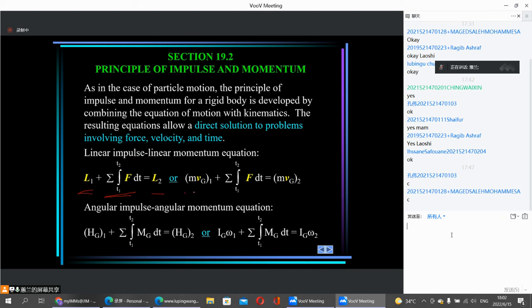Linear momentum is calculated by mass times the velocity of the mass center. To calculate the linear impulse, you need to draw the FBD, and then integrate the force over time. If it's a constant, it will equal F times t, right?